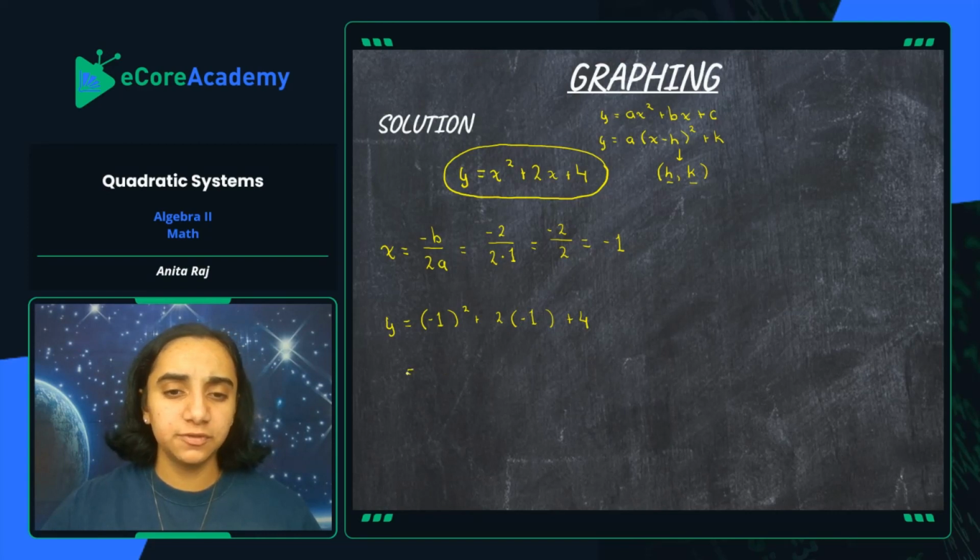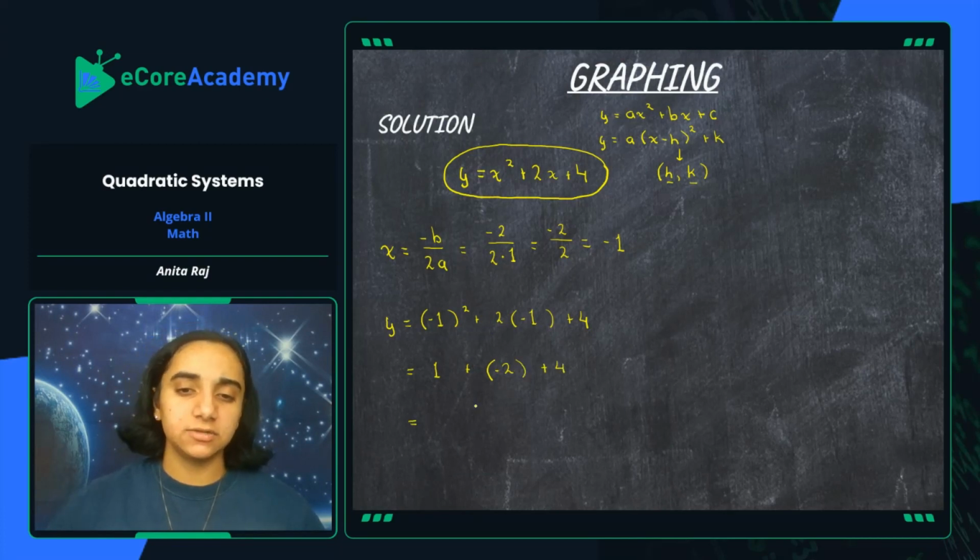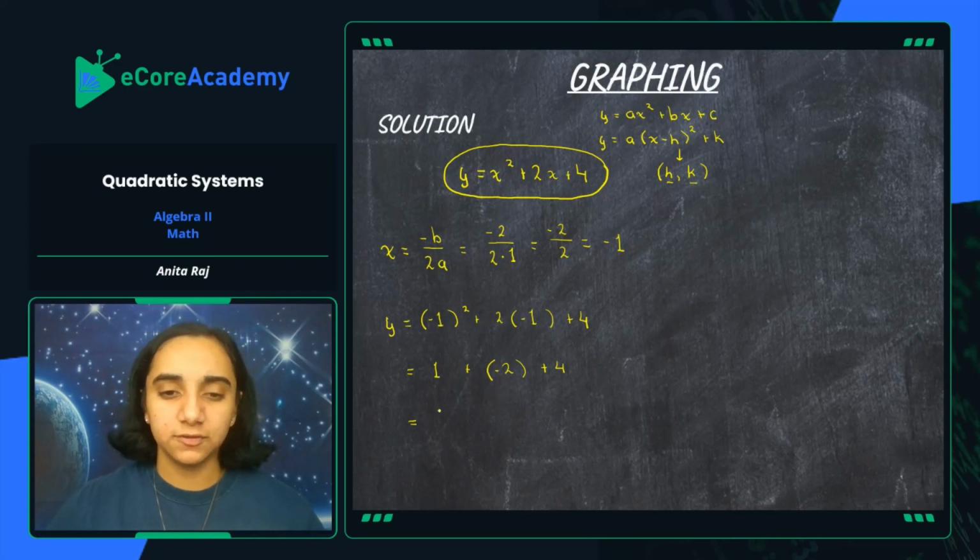Negative 1 squared is equal to 1, plus 2 times negative 1 is equal to negative 2, and then plus 4. 1 minus 2 is equal to negative 1. Negative 1 plus 4 is equal to 3. So our y-coordinate is equal to 3.